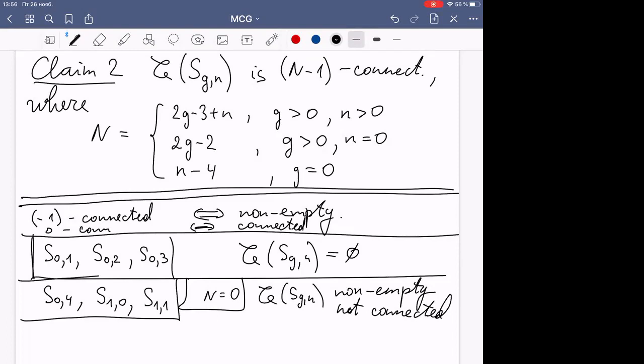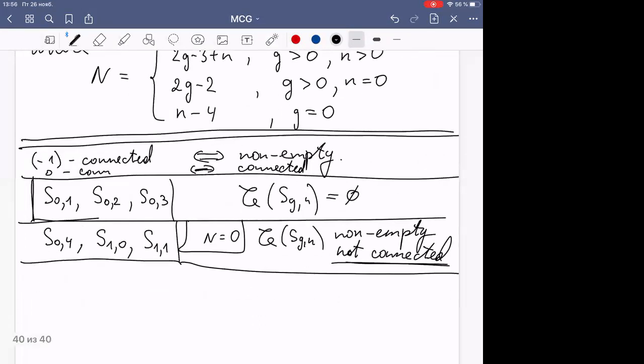It says only that it is non-empty, but it is easy to check in each of these cases that it is not connected. Any two essential simple closed curves in one of these three surfaces intersect. So there are infinitely many simple closed curves, but any two of them intersect. So the complex is just a discrete set of points.